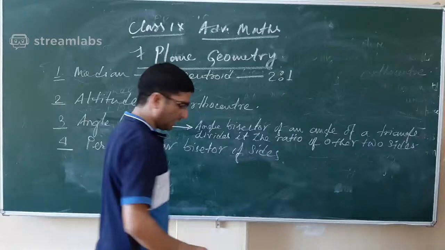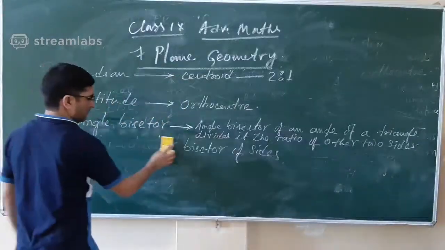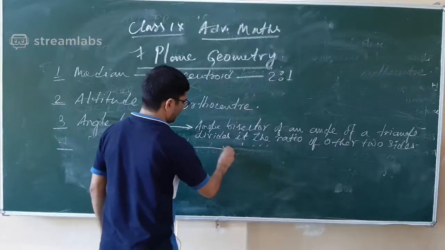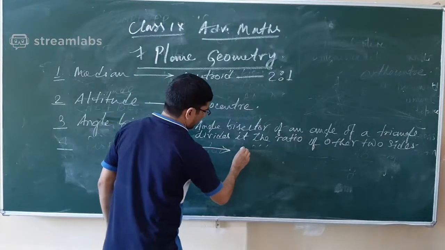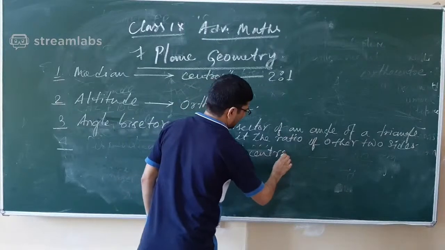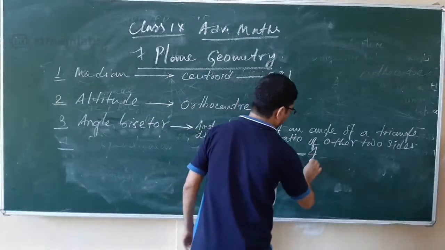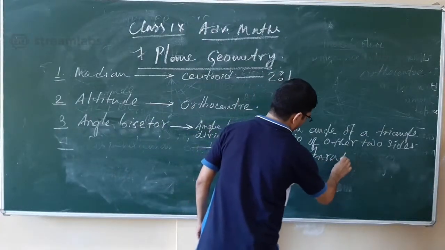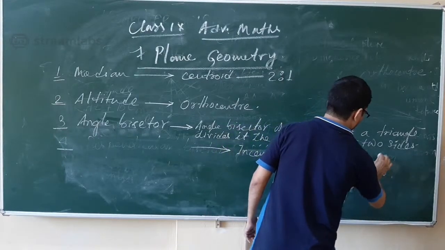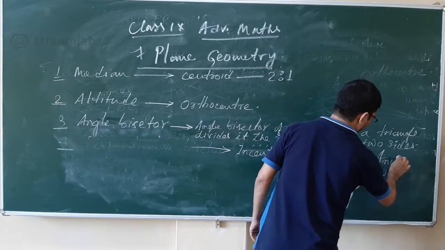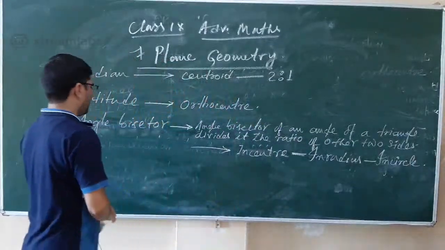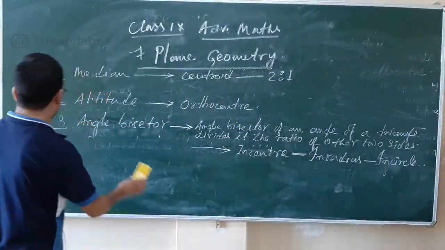And one more point: the meeting point is the incenter, and then we get the inradius and the incircle. So this is all about the angle bisector of an angle of a triangle.